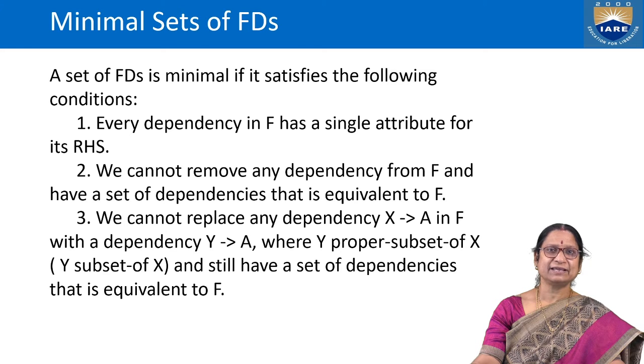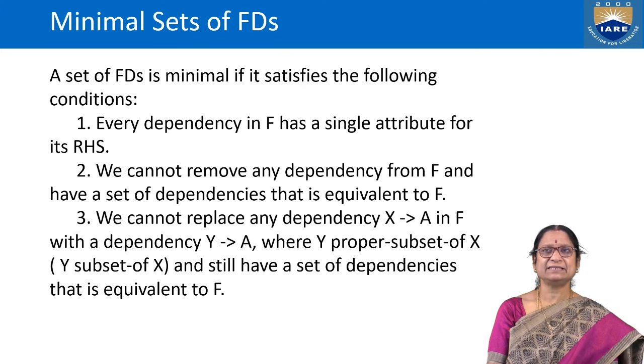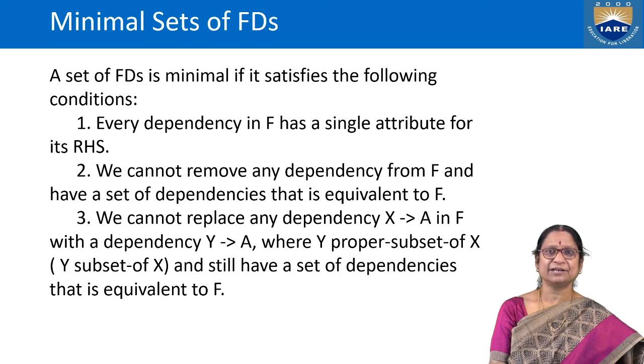Decomposition is there, no? By using the decomposition rule, I may generate additional functional dependencies sometimes. So that's why every dependency in F must have a single attribute on its right hand side.